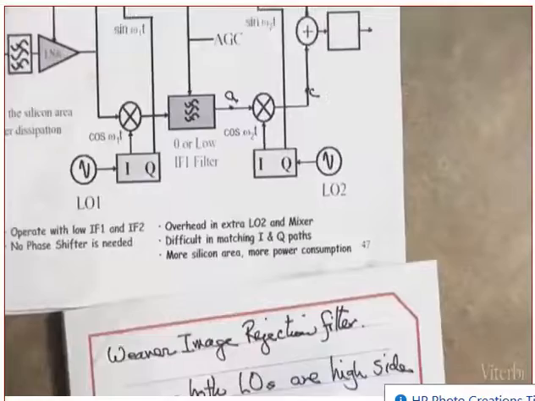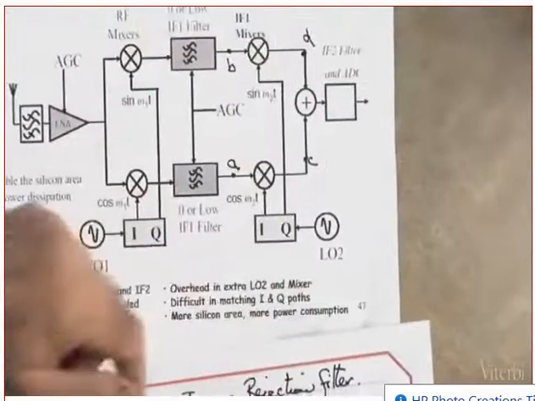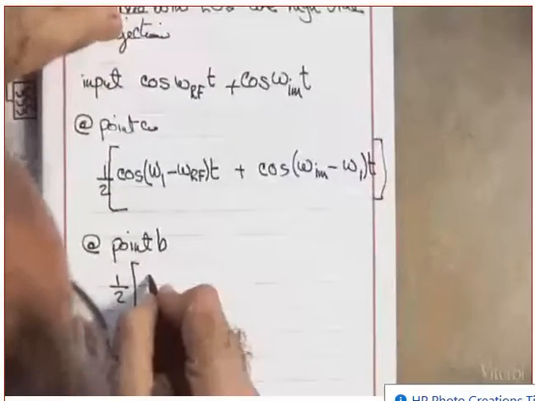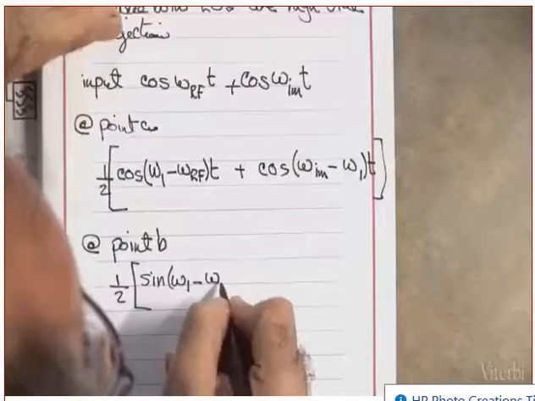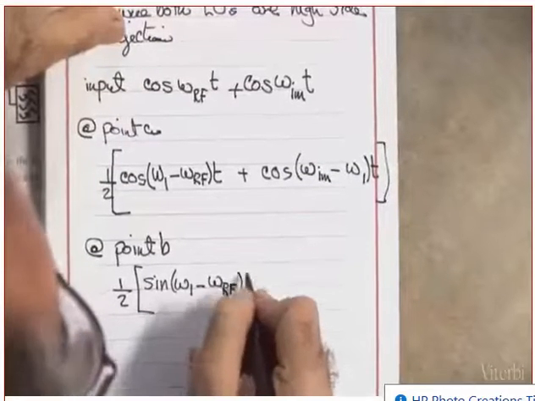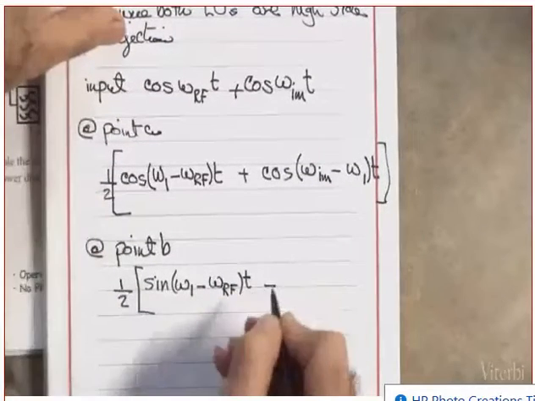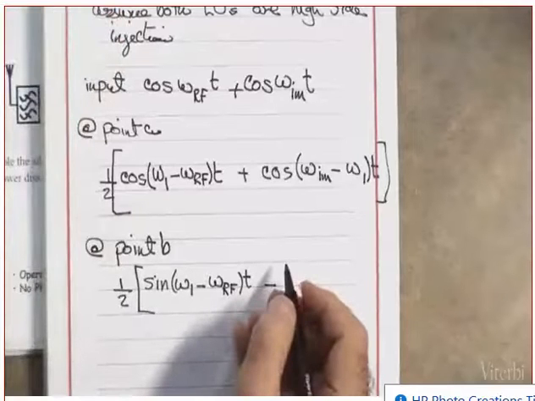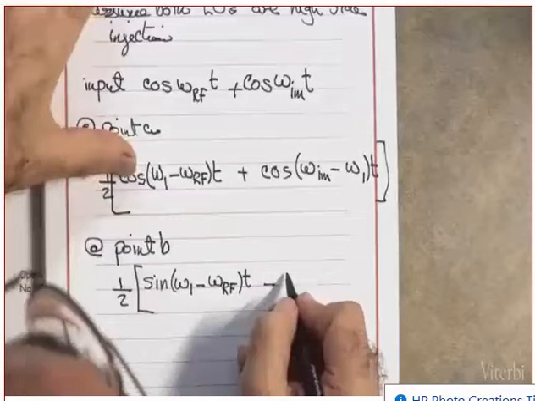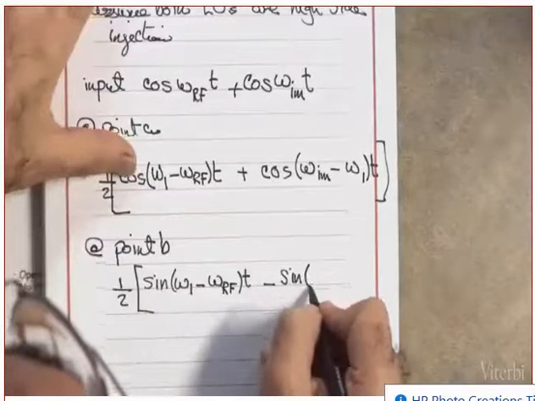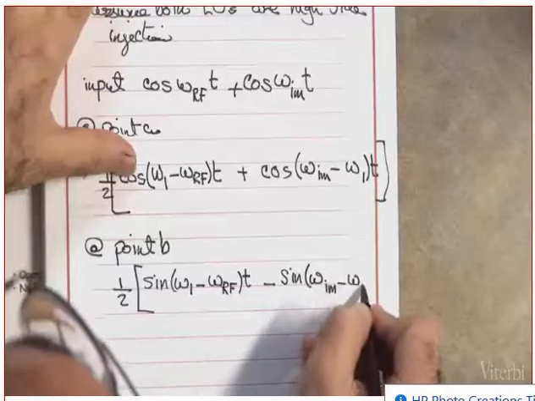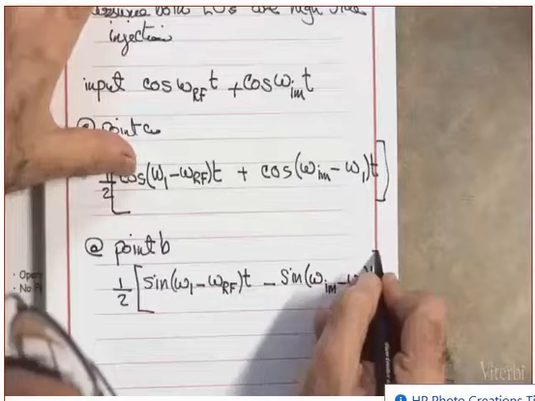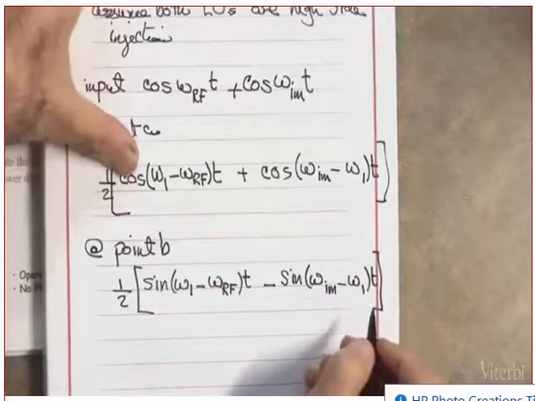Cosine sine means I get both of them sines. So it's 1/2 sine (omega 1 minus omega RF)t minus, and this minus is for the same reason that we just did, so it's minus sine (omega IM minus omega 1)t. Close the bracket. Okay.